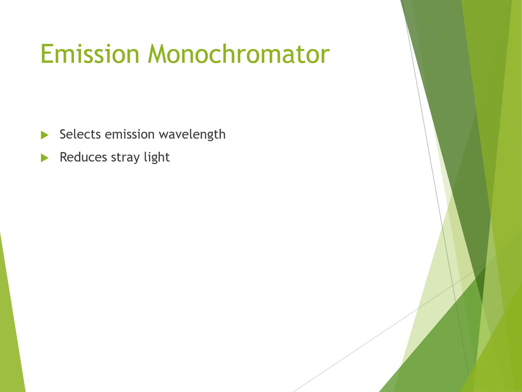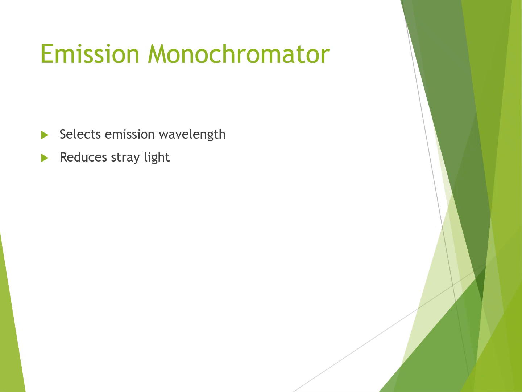The emission monochromator selects the emitted fluorescence and removes scattered excitation light.